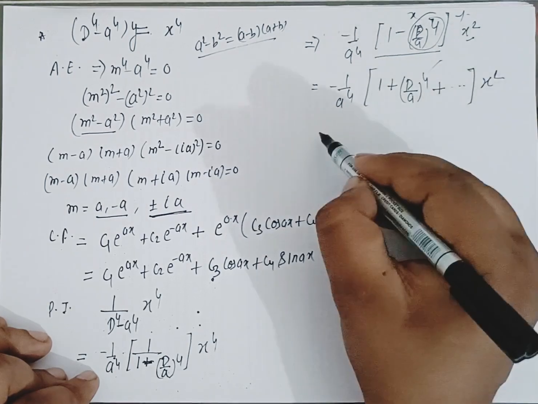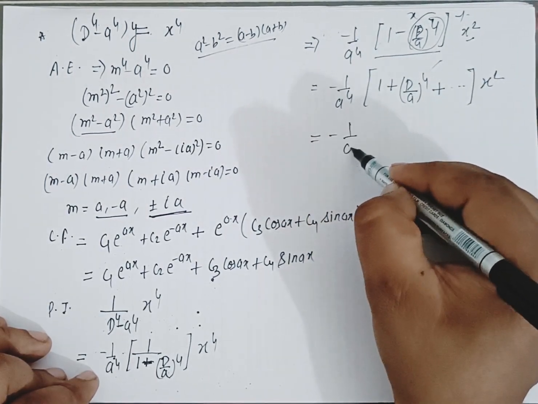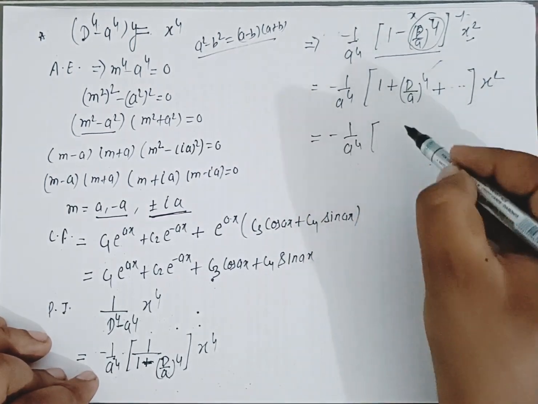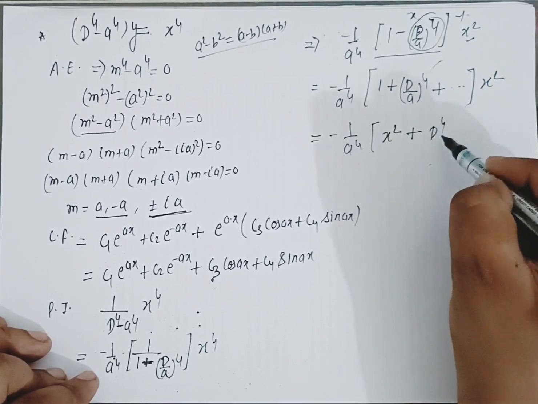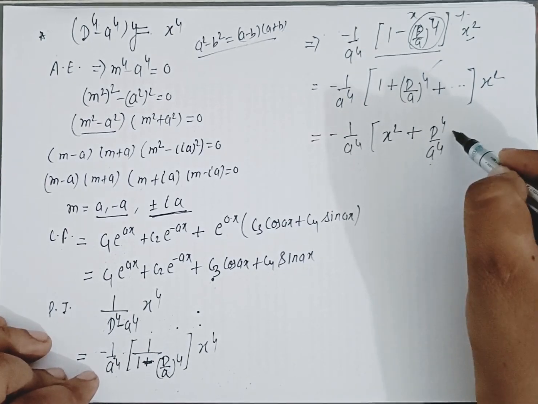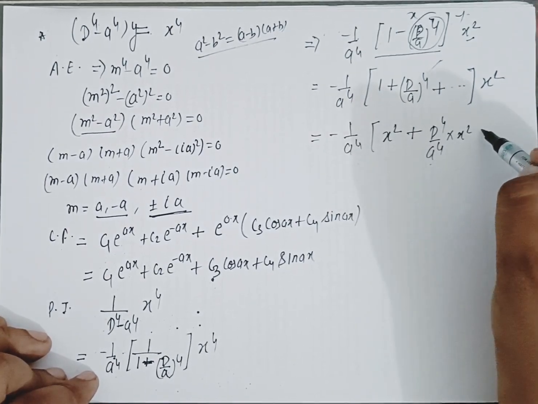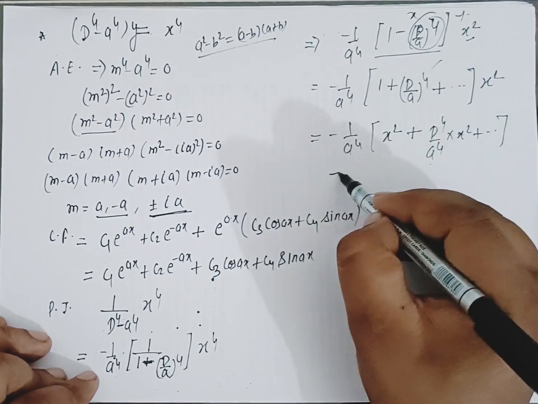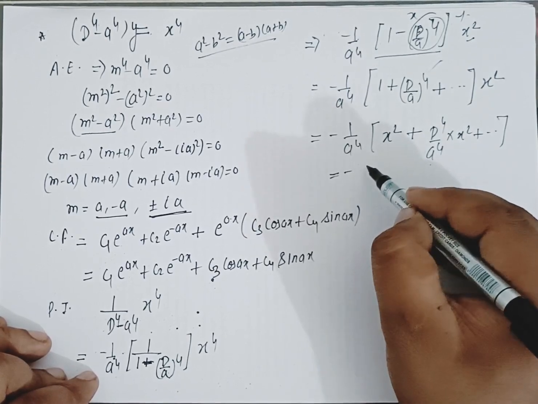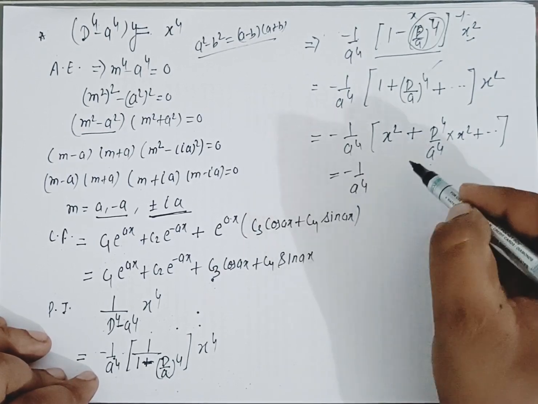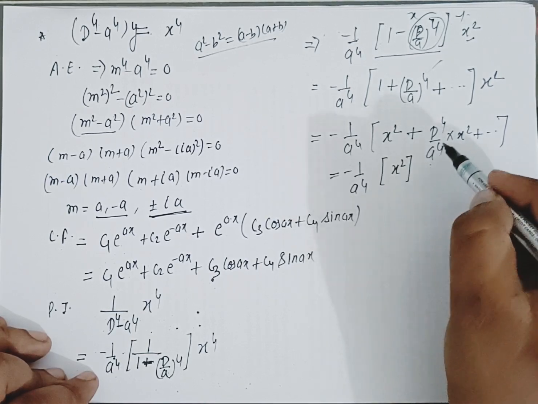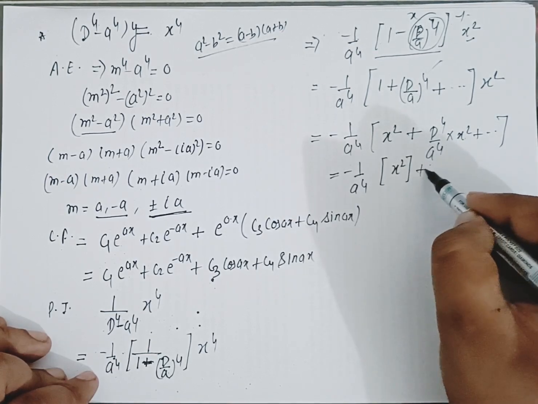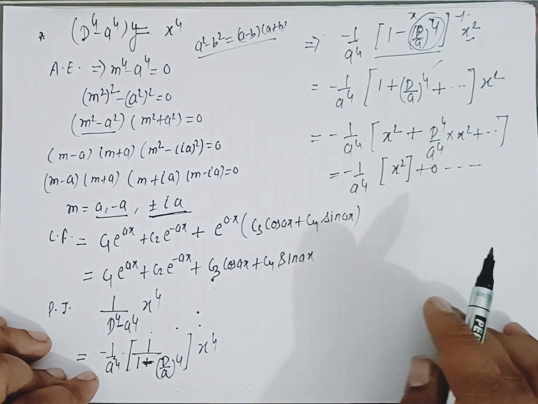Now multiply by x square. So minus 1 upon a to the power 4 multiplied by x square inside, you will get x square plus d to the power 4 upon a to the power 4 into x square. So minus 1 upon a to the power 4, and you will get here x square, and this derivative is 0. And not only this, all the rest of the derivatives are 0.